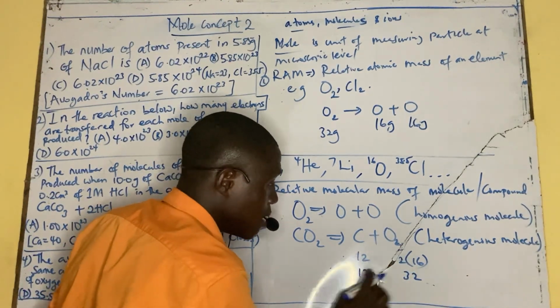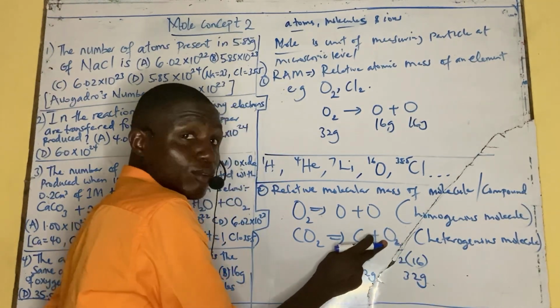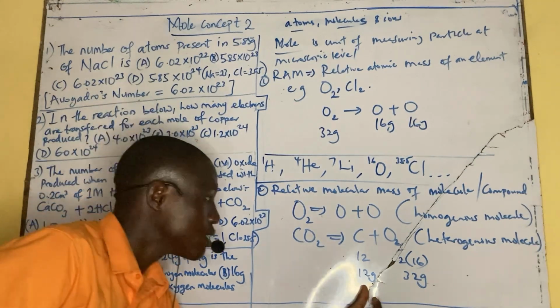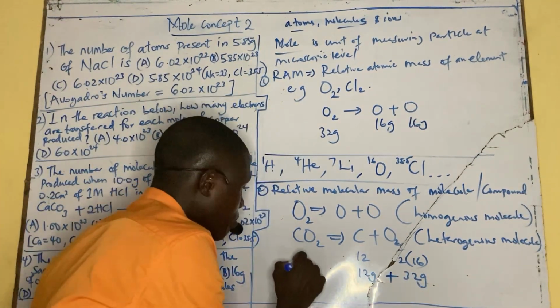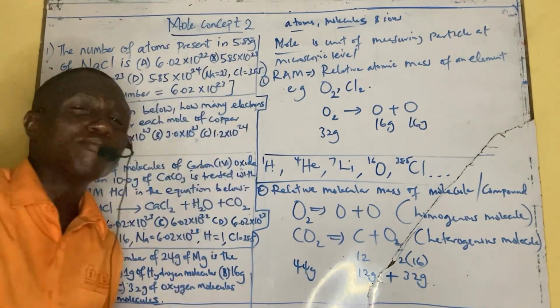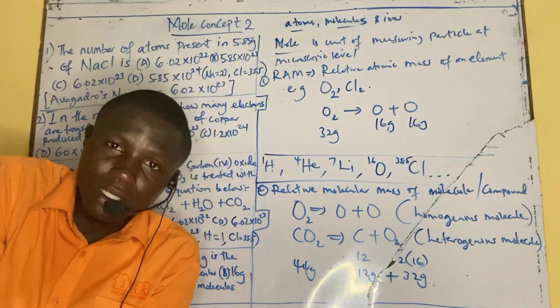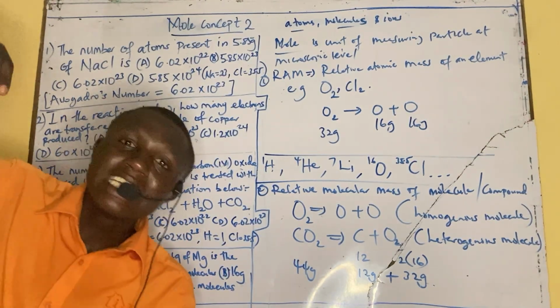So this is 12 grams, while this one is 32 grams, because we have 2 oxygen. Now, the relative molecular mass of this compound will be 12 grams plus 32 grams. So this one will be 44 grams.